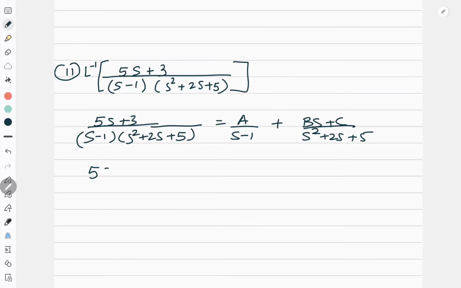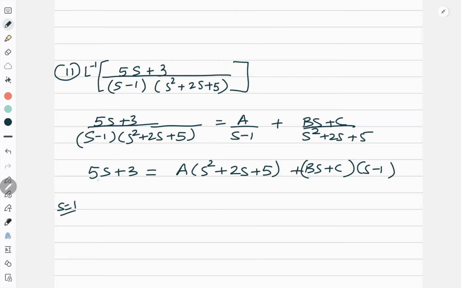Now, 5s + 3 = A(s² + 2s + 5) + (Bs + C)(s − 1). Now, in this put s = 1. So it will become 8 = 8A, which implies A = 1.